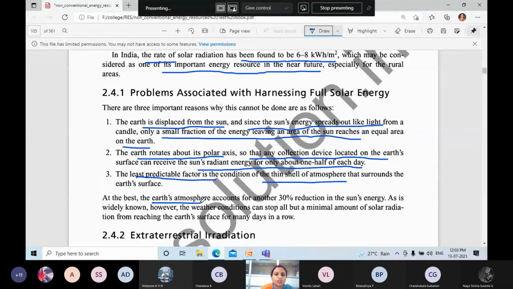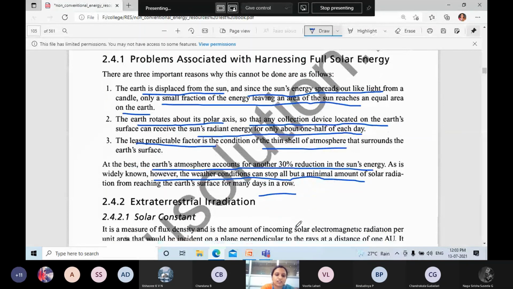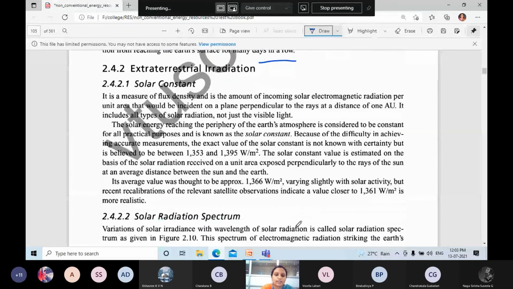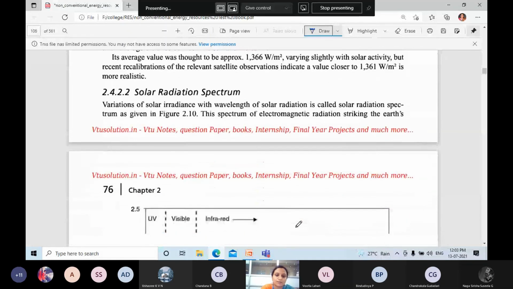The Earth's atmosphere accounts for another 30% reduction in the sun's energy, as is widely known. However, weather conditions can stop all but a minimal amount of solar radiation from reaching the Earth's surface for many days in a row. In the next class, we shall discuss the extraterrestrial irradiation, in that solar constant and solar radiation spectrum, okay.